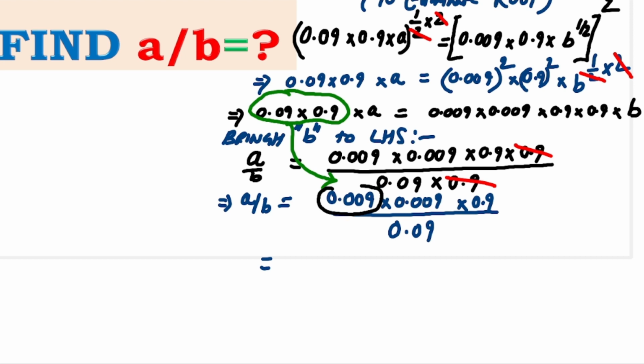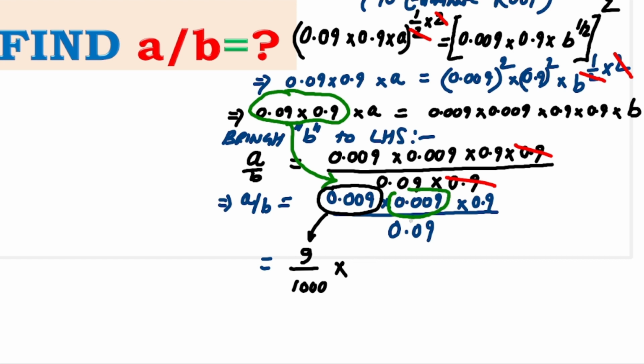We will write the numbers on the RHS after eliminating the decimals. Here the first term on the RHS is 0.009, which can be written as 9 by 1000. Why 9 by 1000? Because you can see after the decimal there are three digits, right? So 3 zeros will be inserted in the denominator after 1, right?